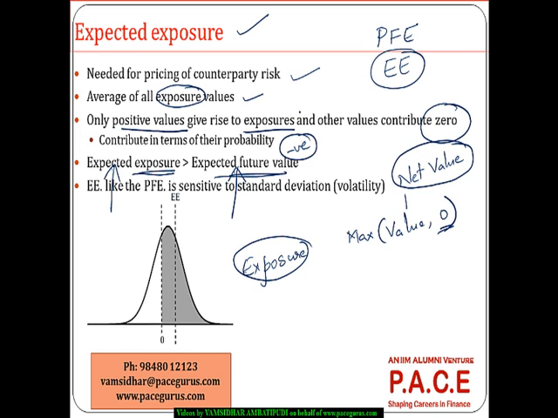The higher the volatility or the standard deviation of the underlying contracts or the underlying collaterals, the higher the expected exposure will be, right?